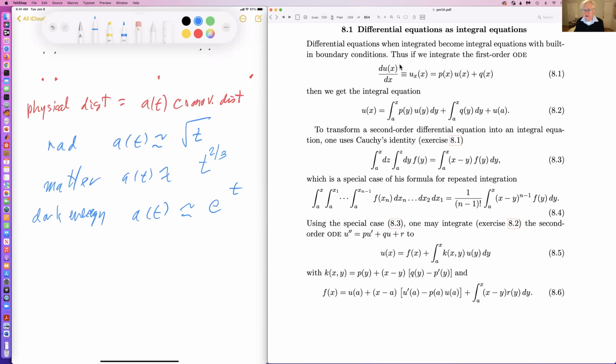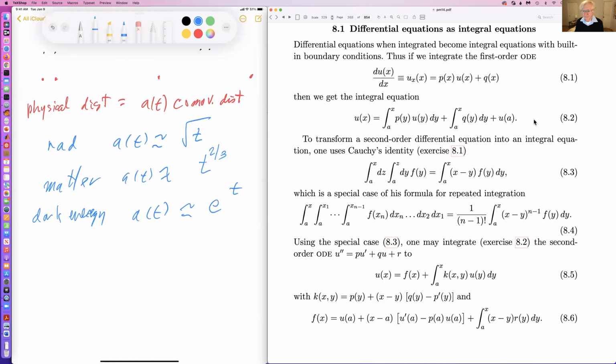So suppose we have this first order differential equation, du dx is u sub x. That's a nice abbreviation. It's p of x, u of x plus u. Well, we know how to solve this. But suppose we just integrate it. Well, if we integrate it, we get this integral equation.